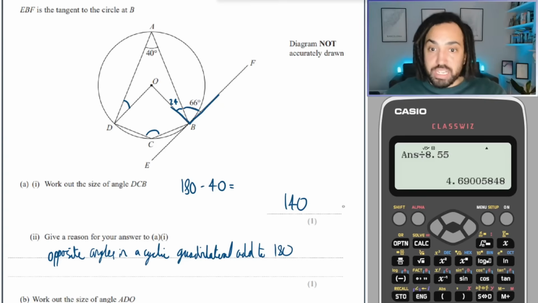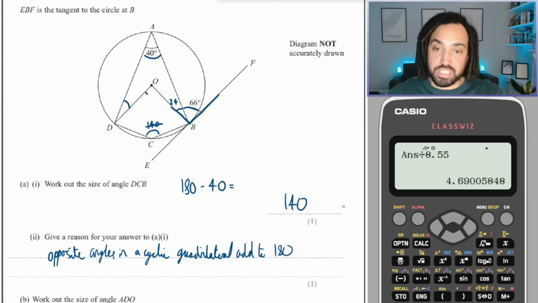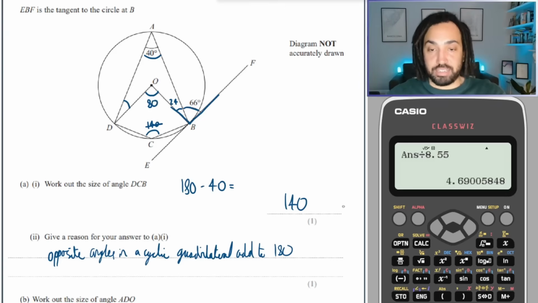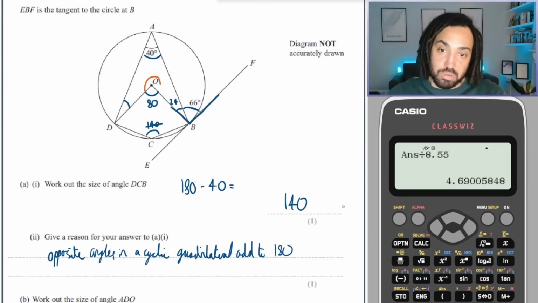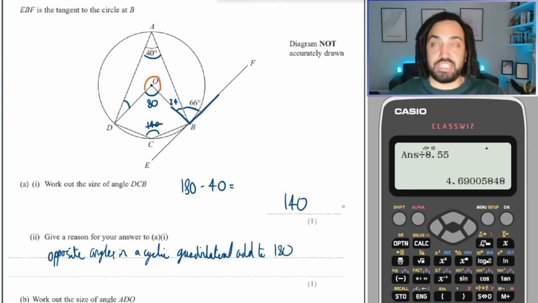We know already that this is 140. Actually, that's not going to be helpful, but we know this angle up here is 40, and angles at the center are double angles at the edge, so that's 80 there, which means this reflex angle is 360 minus 80, which is, of course, 280.